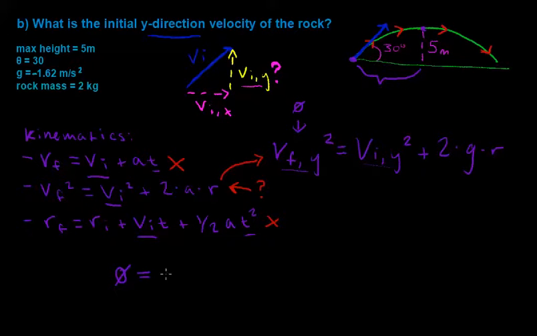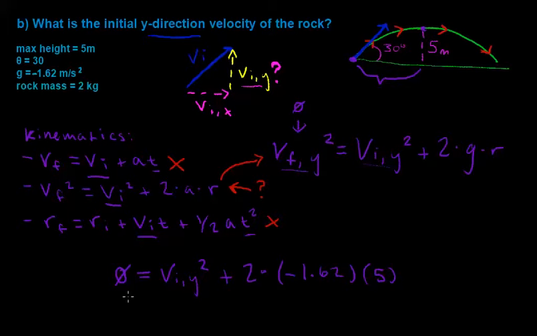Our initial velocity in the y direction we don't know yet, plus 2 times negative 1.62 meters per second squared times our y direction height of 5 meters. And of course, multiplying these numbers out is just going to give us a negative number, and then adding or subtracting a negative number on both sides gives us a positive value.